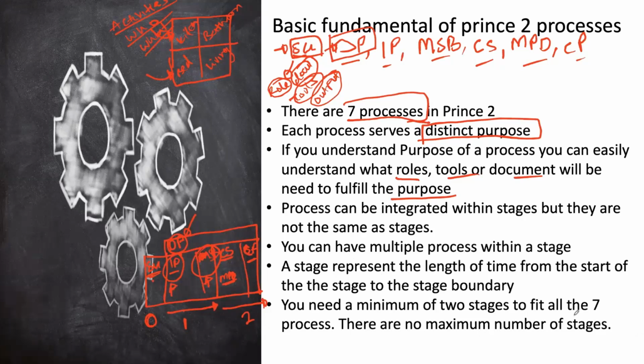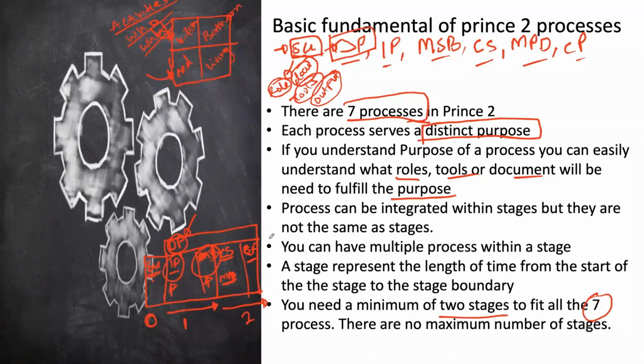As I already said, a stage represents the length of time from the start of the stage to the stage boundary. You need a minimum of 2 stages, as we already stated, to fit all your 7 processes in. There are no maximums on the number of stages you can have.